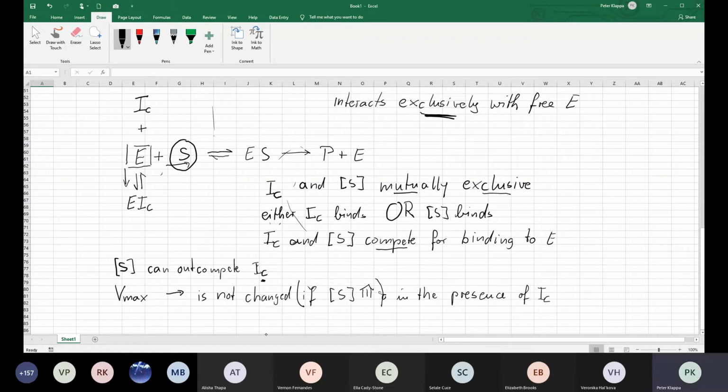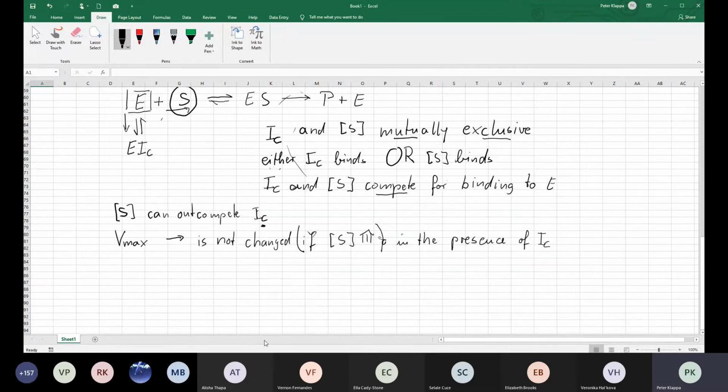Vmax is unchanged. Very good question. Or in other words, let me just finish that.